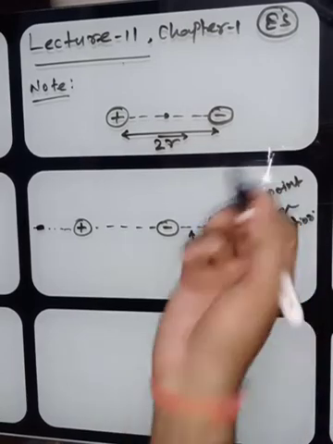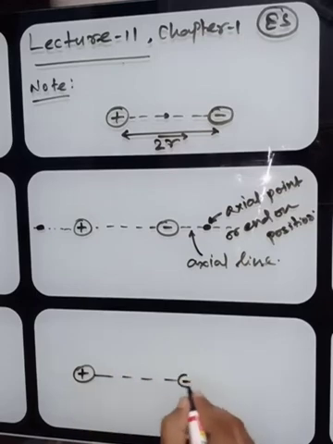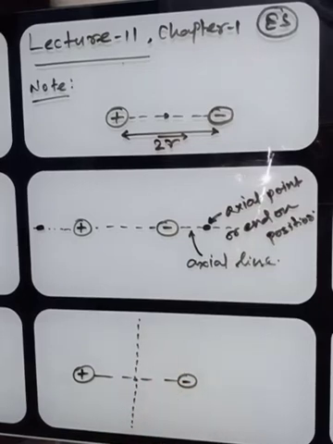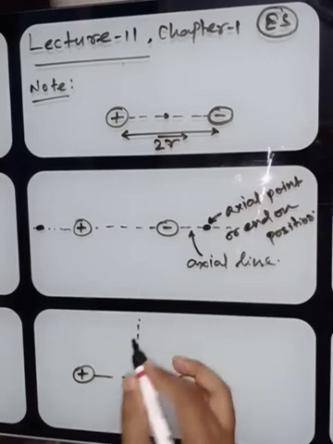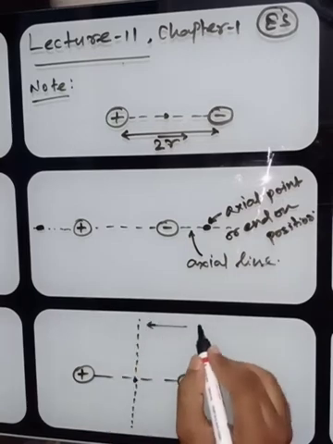And the next line we have drawn is the perpendicular bisector from the center of this dipole. This line will be considered as the equatorial line.